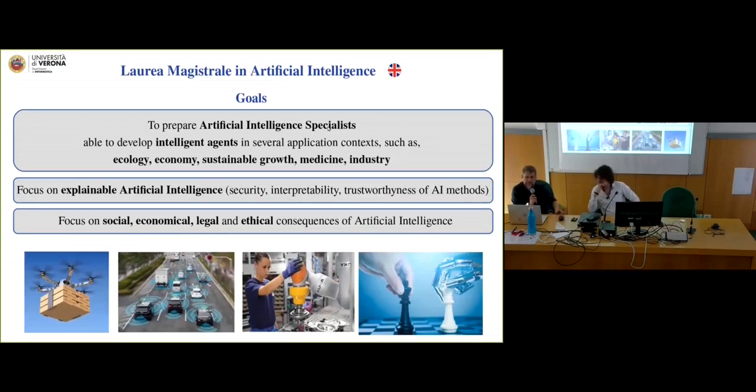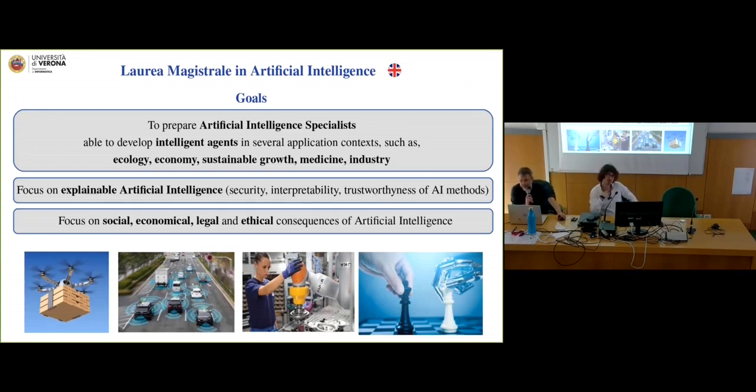The goal of this degree from which we started is to prepare artificial intelligence specialists, which are people that should be able to develop some intelligent agents. Intelligent agents has a lot of meaning, but we can start thinking about application contexts in which these intelligent agents can be applied.